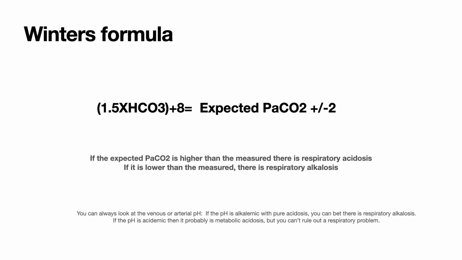Now, it gets a little bit foggy when you have mixed disorders in metabolic mixed disorder, like an anion gap metabolic acidosis and alkalosis, and then you have a low pH. Is this driven just because of the metabolic part or because of the respiratory part?